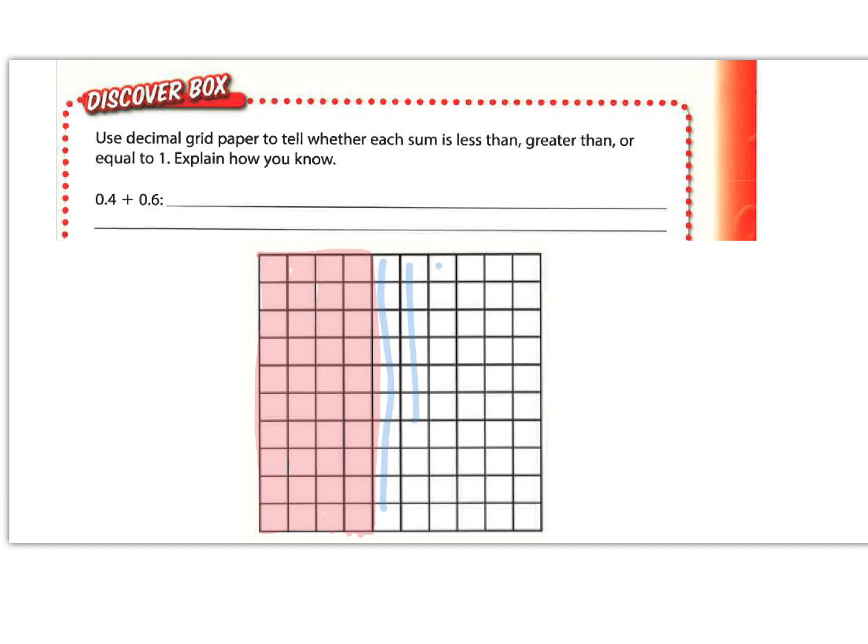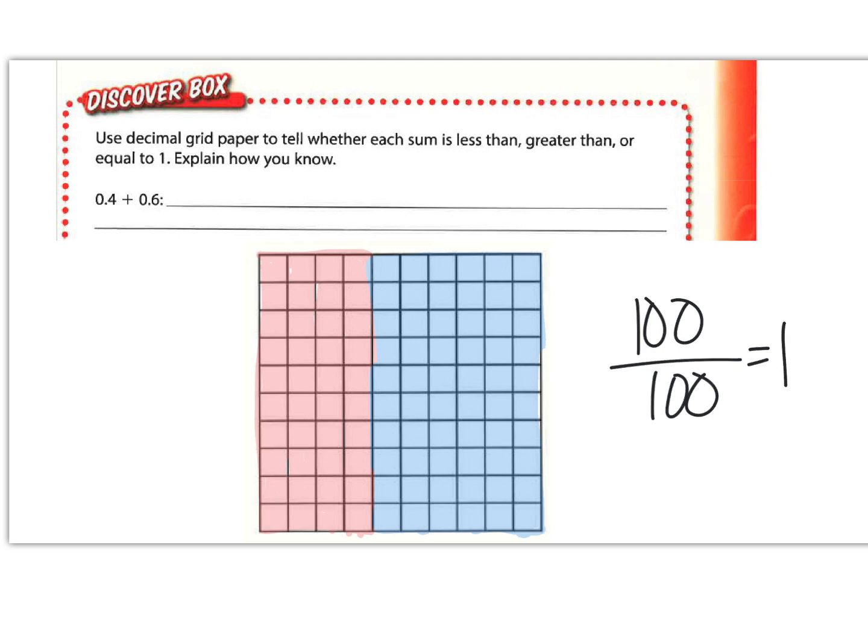So 1, 2, 3, 4, 5, 6 tenths. All right, so now I can see that the entire 100 square is filled in. So 100 out of 100 is shaded in, which equals 1. So we would say this equals 1 because the whole square is shaded.